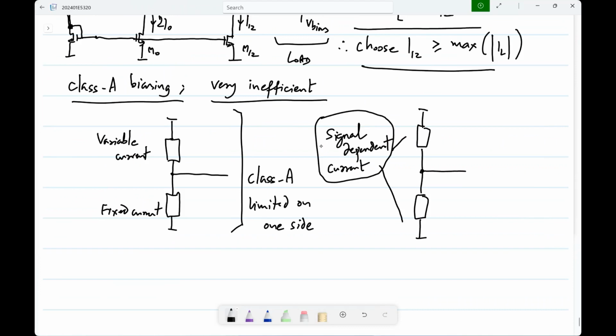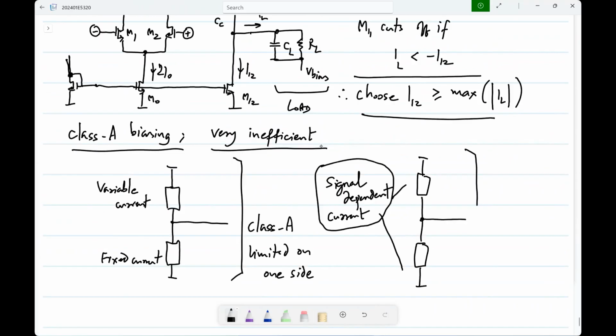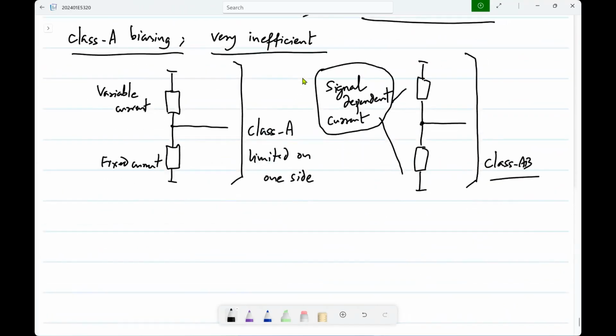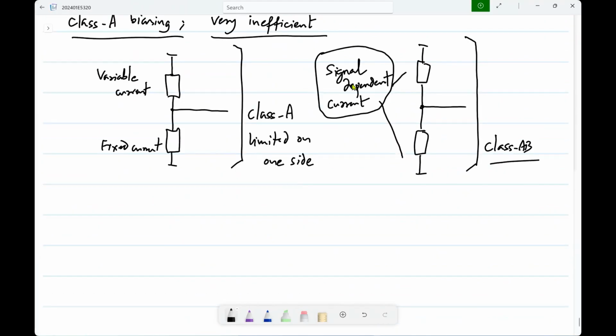Okay. And this type of biasing is in general called class AB. These are some old terms. Okay. Now this is a very general description to say that the bias current should be dependent on the signal. The current should be dependent on the signal on both sides. But how do we arrange that?